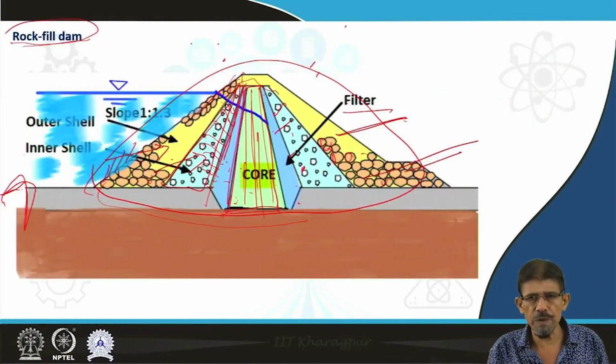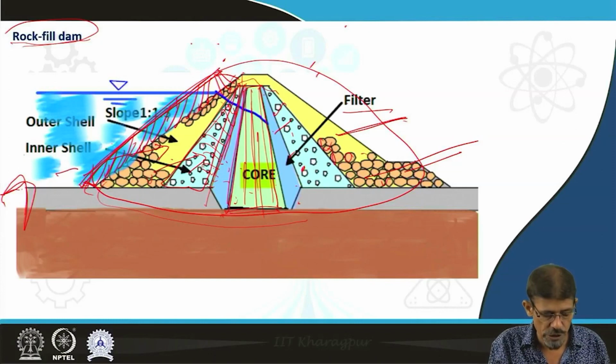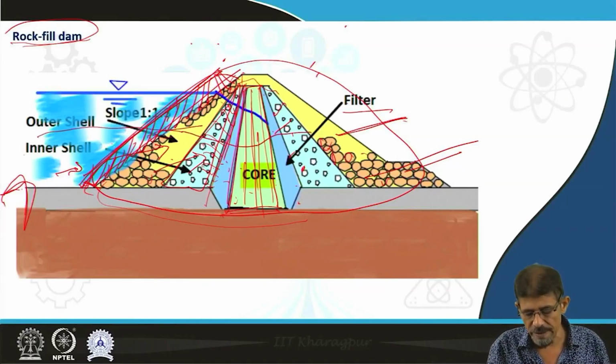We have discussed, here we are going to put one concrete lining upstream to check the flow of water inside this dam, inside this outer shell, inner shell, or even the central part.